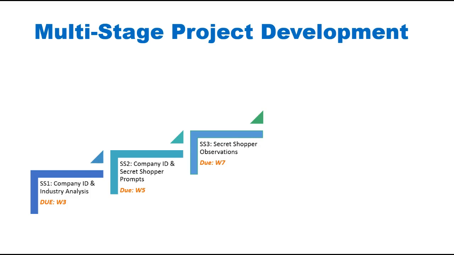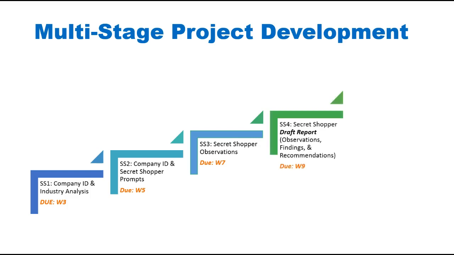And then after having done the observations and had your peer reviews, and each of the stages are peer reviewed, you will then develop a draft report, and this is the business of SS4 or the fourth stage. And you will include your observations, your findings, and recommendations. And it's important for you to make sure you read the rubric for each of these stages so that you understand how you will be assessed and how you will be graded.